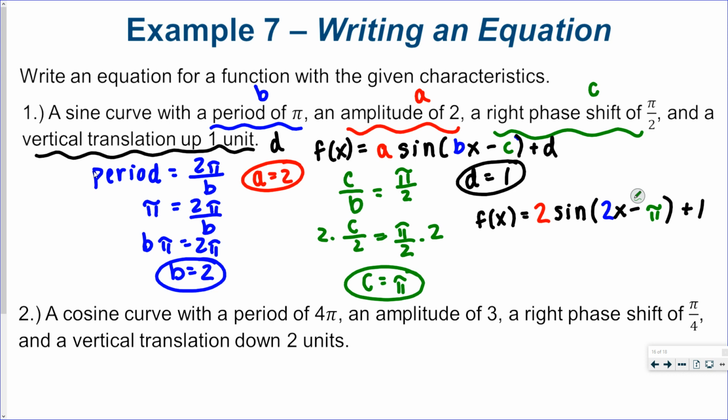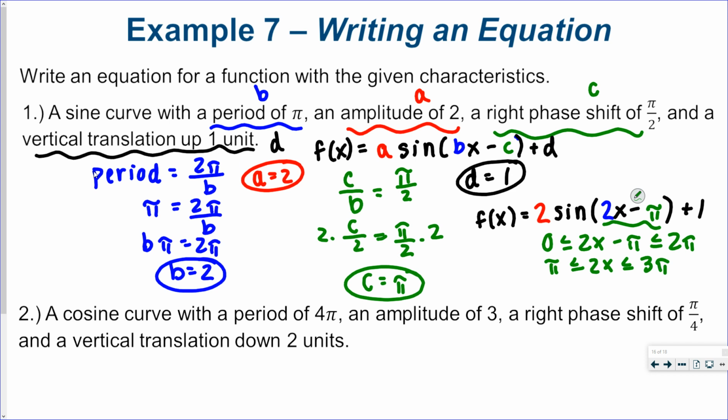Now, let's set up our little inequality and see why we have to factor b into finding c, because we're going backwards. When I solve this, I would add over the pi. And then I end up dividing by that b factor, right?